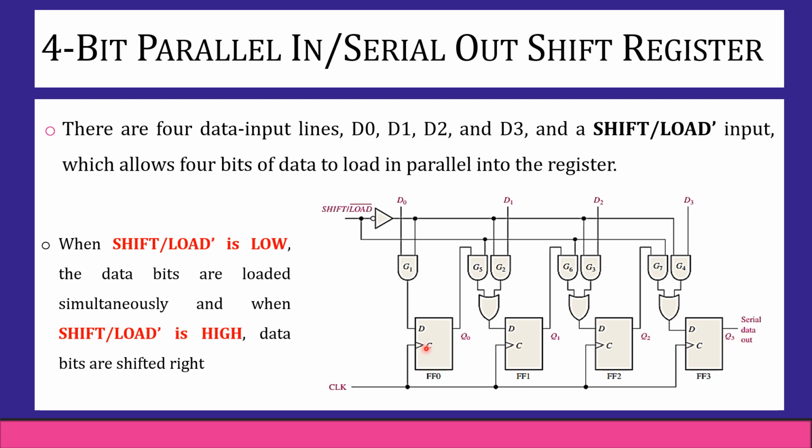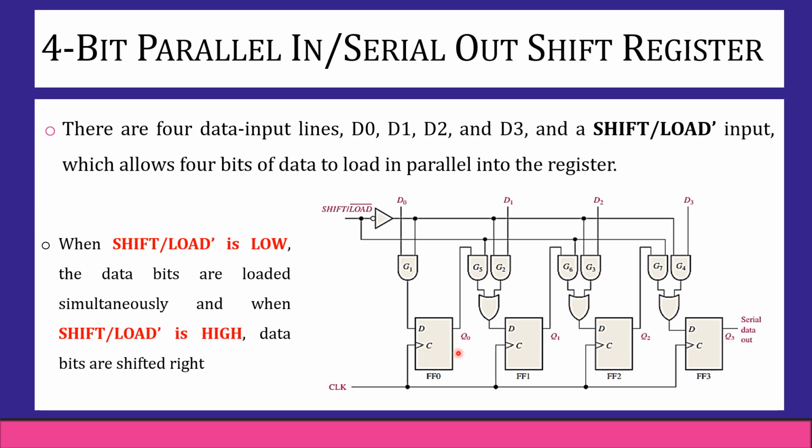So we need to perform 2 operations in a flip-flop. That means we need to load the data parallelly, parallel load, and we need to transfer the data serially from one flip-flop to another. So from FF0, it should be transferred to FF1, FF2, then through FF3 or through Q3 it will reach the output.